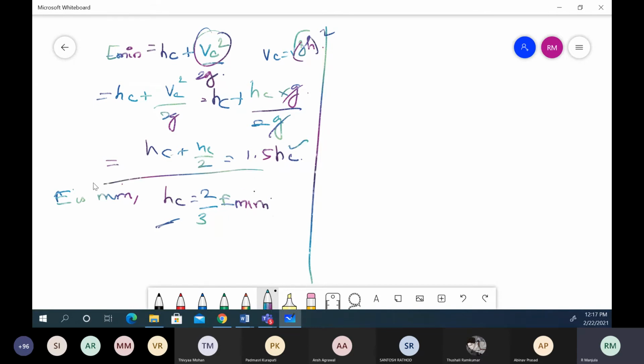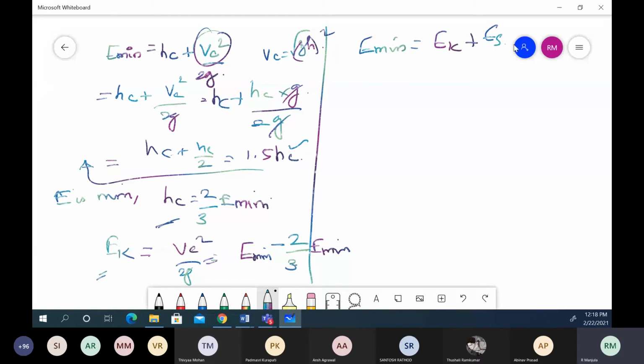Similarly, the kinetic energy head Ek is equal to Vc square by 2g, and this is going to be E minimum minus the critical depth, because your E minimum is going to be Ek plus Es, where Es is nothing but your Hc.